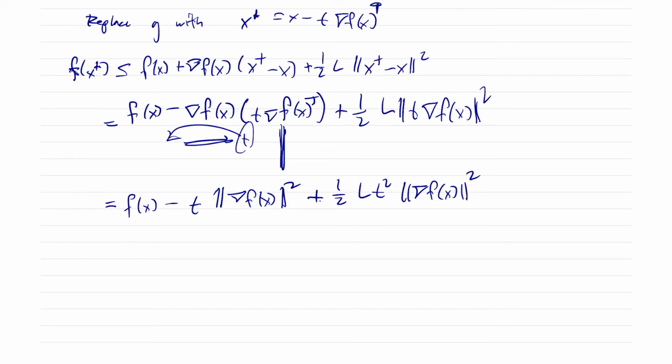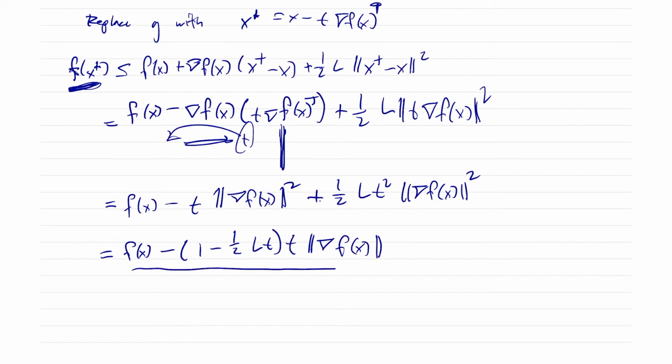So keeping this going, we can go ahead and write this as f of x minus 1 minus 1/2 L times t, times t times the norm of the gradient of f at x. So there we go. We have f at the advanced point is going to be less than this.